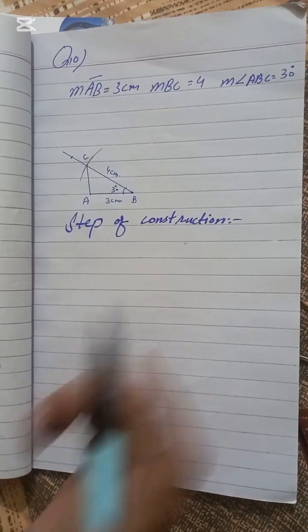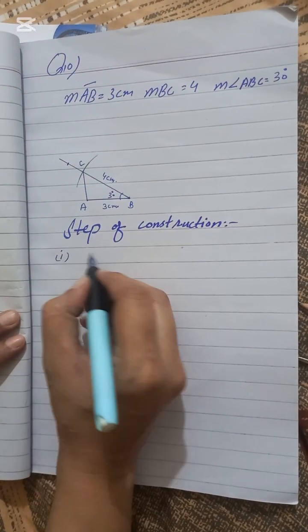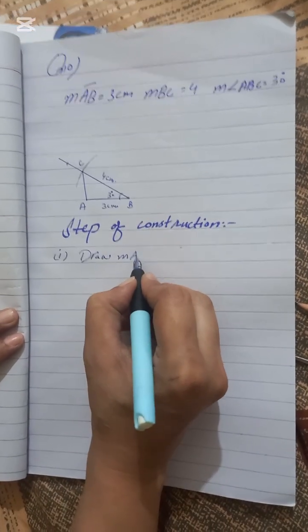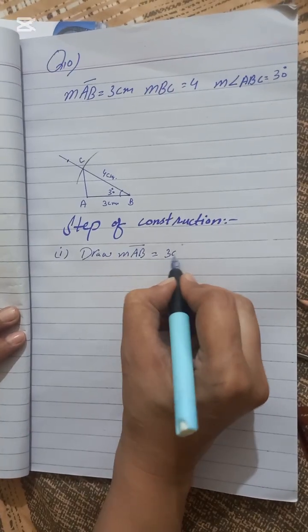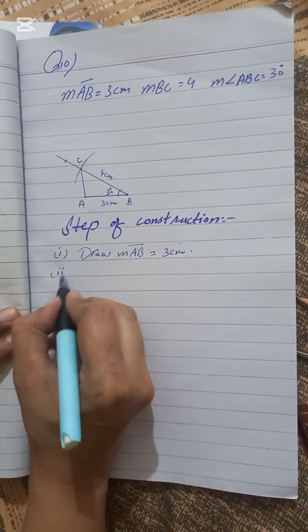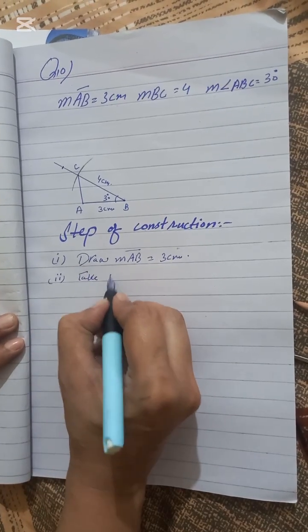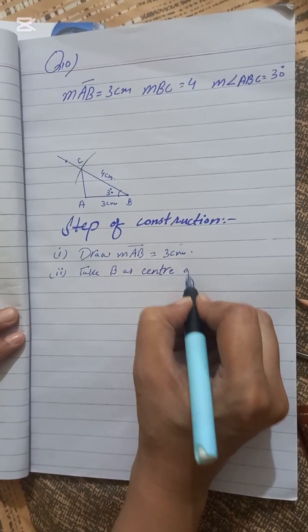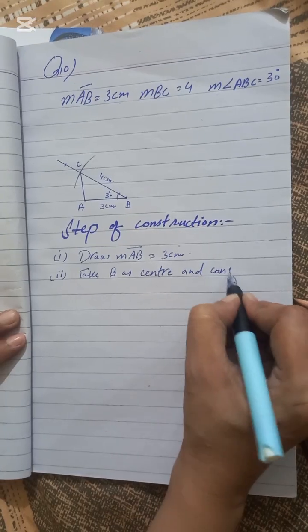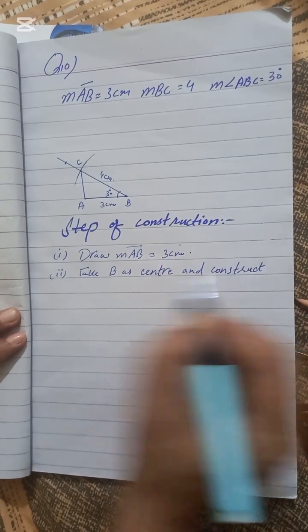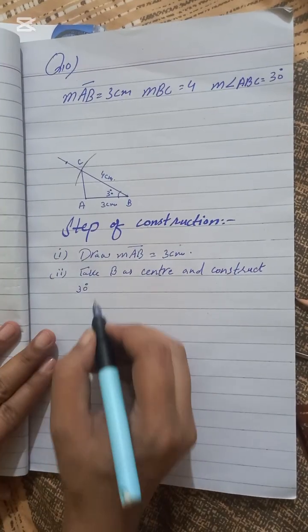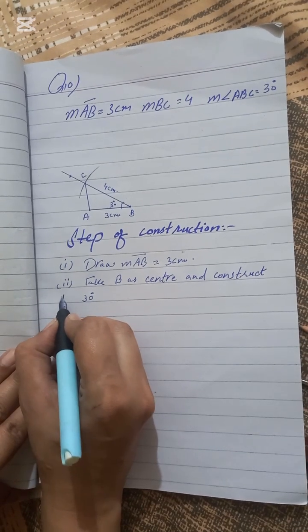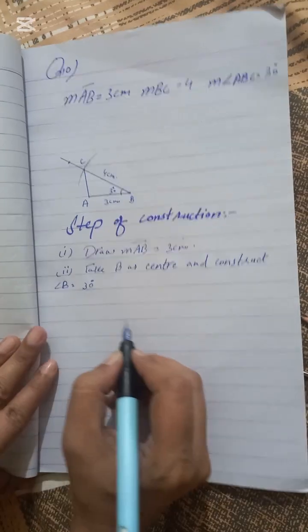Steps of construction. Number 1, draw a line segment AB equal to 3 cm. Take B as center and construct angle B equal to 30 degrees.